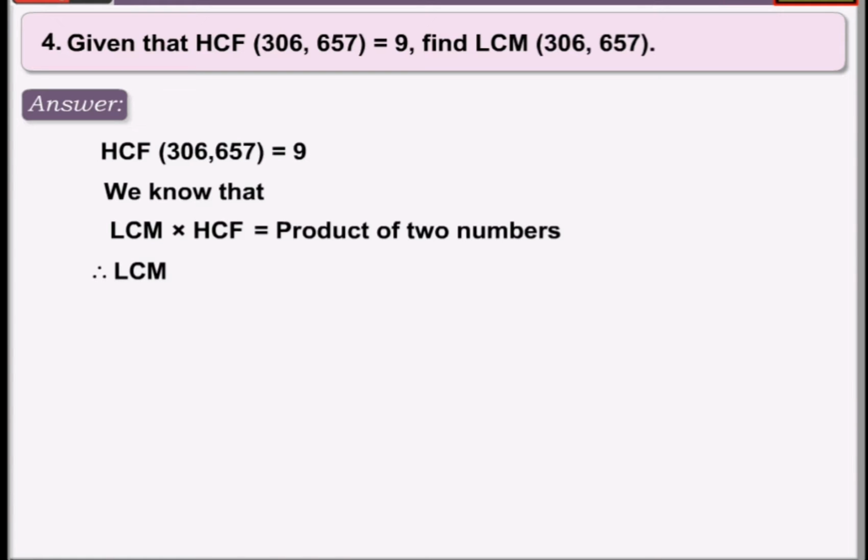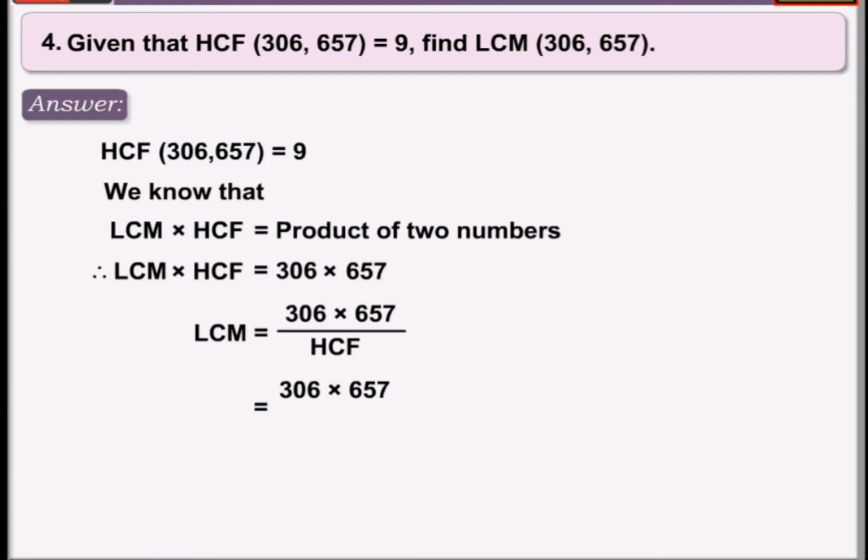Therefore, LCM into HCF is equal to 306 into 657. So LCM would be 306 into 657 upon HCF, that is 306 into 657 upon 9.